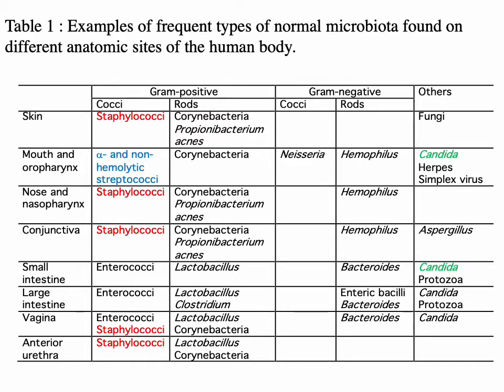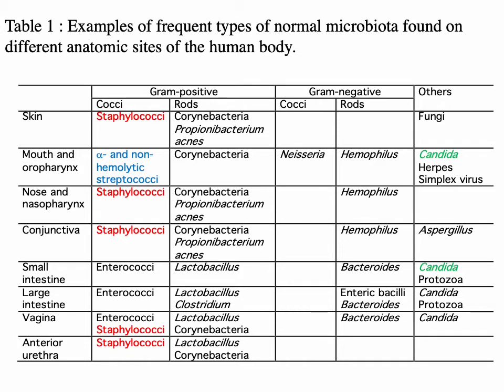Then the other important one to mention is Candida. So Candida is found in the oral cavity. You've probably heard about a condition called candidiasis or thrush. That is the organism causing those diseases, Candida, found naturally in the mouth or the oral cavity. And also the same one is found in the small intestine.